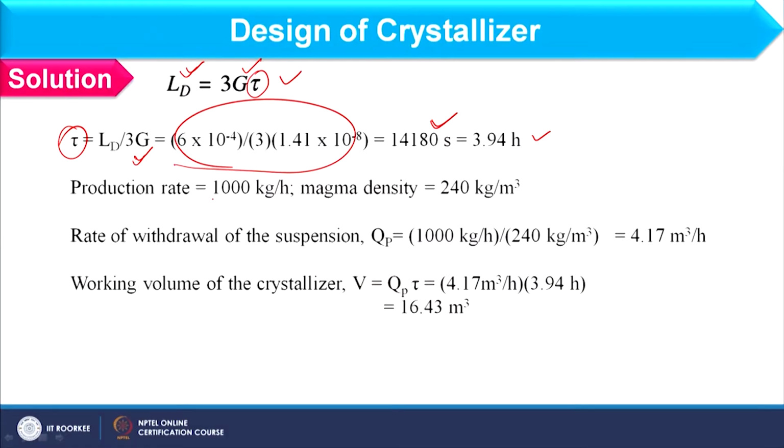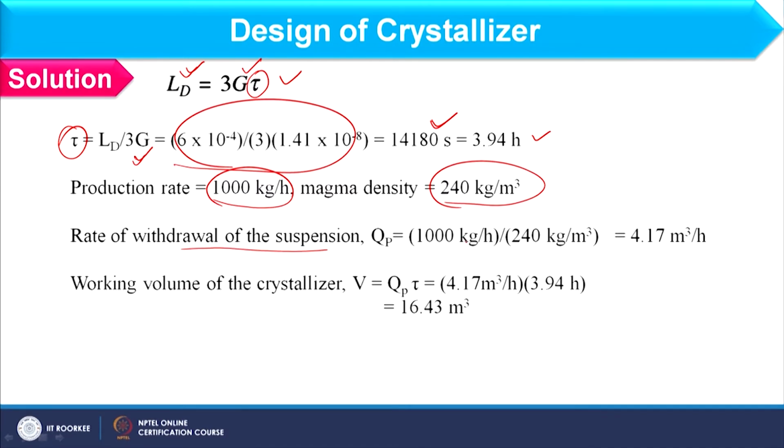The production rate is 1000 kg per hour, which is given in the problem. The magma density of 240 kg per meter cube is also given, and we have to find the rate of withdrawal of the suspension, that is, how much slurry is taken out of the system.